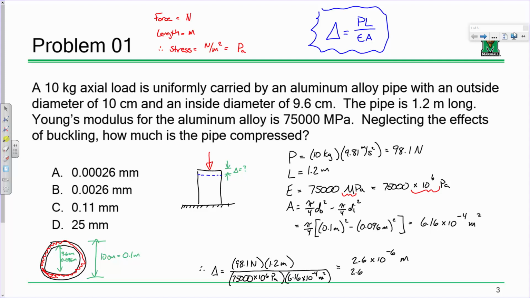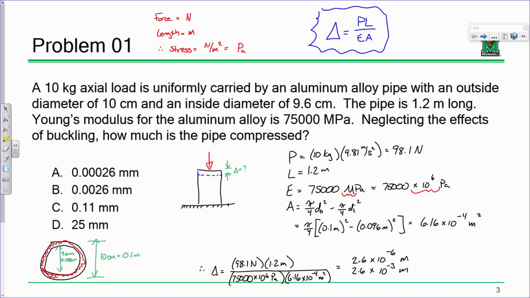Think about it like this. To the negative third, right? Because 3 meters is 3,000 millimeters, right? And so, how do you get that conversion? You multiply by 1,000.